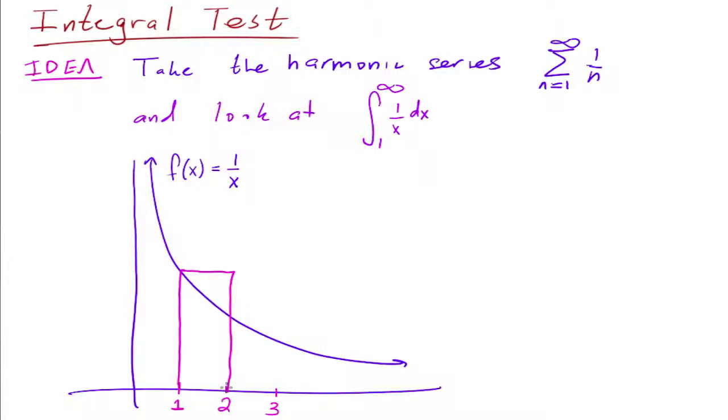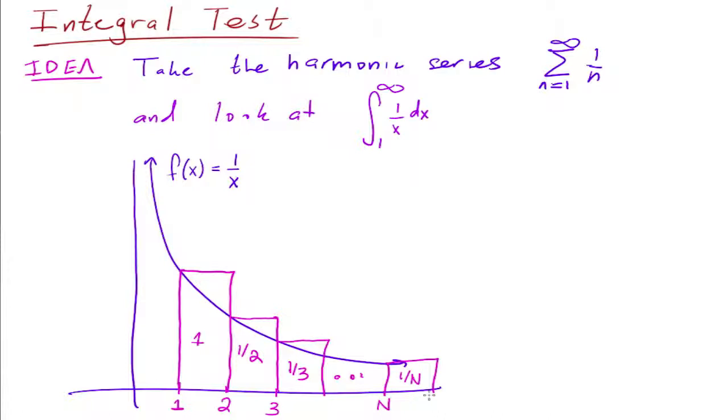What's the area of that first rectangle? 1, because it goes up to y equals 1. Then the next one has area 1/2. Let's do one more. This is 1/3, you guys agree? And then you keep going, and the last one is 1 over, let's call this capital N.